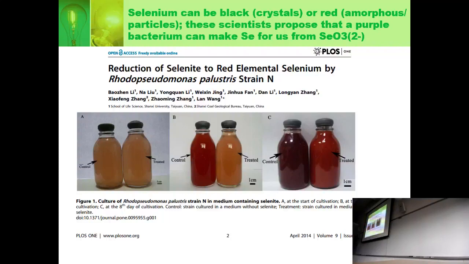If you look over here, it's making the selenium, and it's actually turning red when you have treated it with selenite. And in fact, you see that the control actually turns a little red before that. I wonder what's going on with that. But the main thing is, after 8 days, you get the clear, those are selenium particles. And so the bacteria is doing really cool chemistry with selenium.